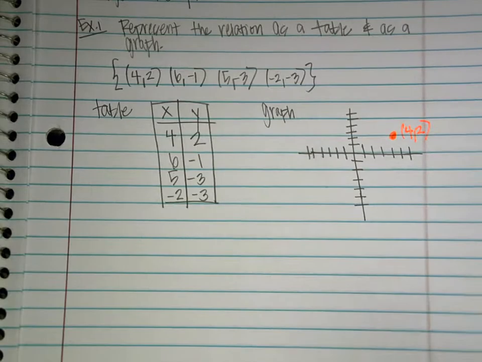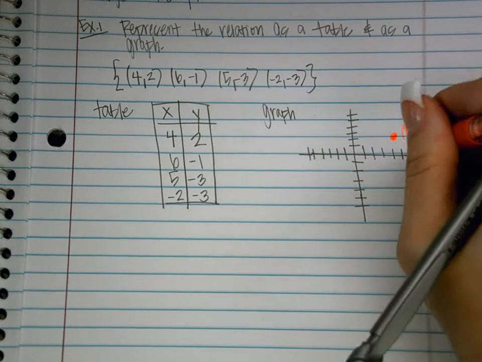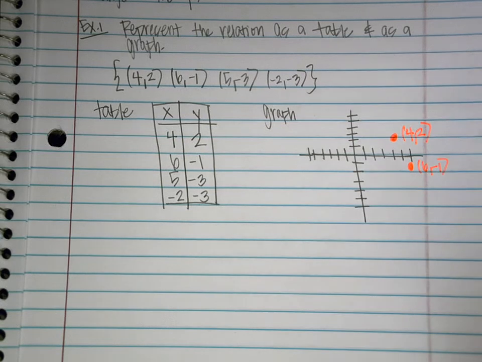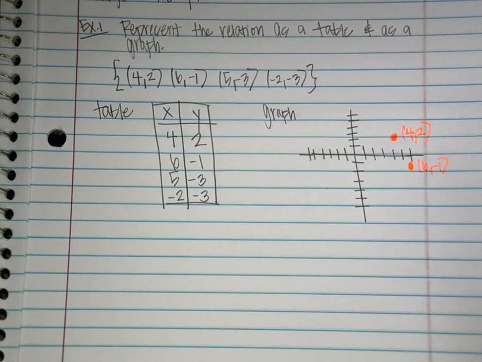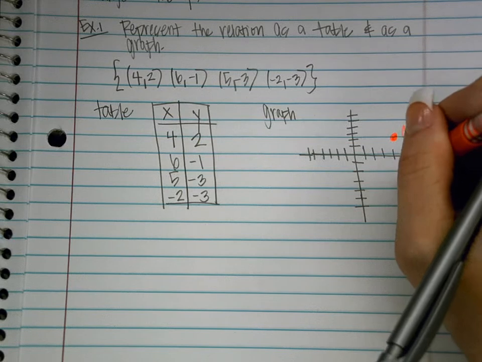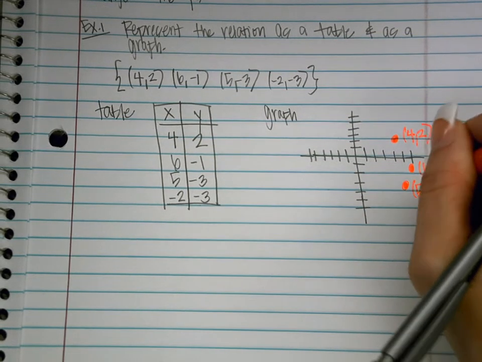Then the next one is going to be over 6, down 1. So that would be at (6, -1). Then (5, -3) is right 5, down 3. So (5, -3).